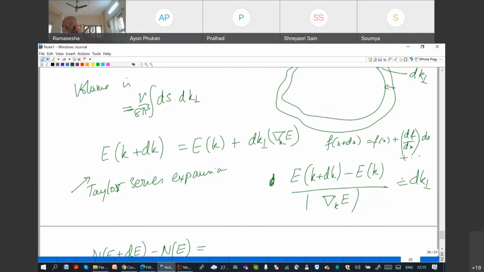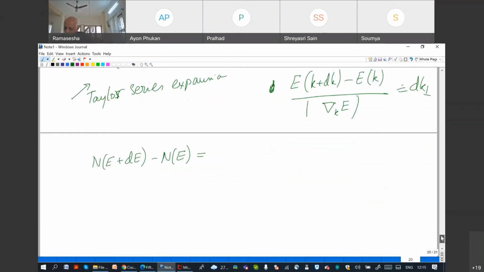So instead of df by dx, I have grad kE, which is in the perpendicular direction. So the expansion is around dk perpendicular. Sir, why did you neglect the other terms? Because I'm taking dk very small, or dE is small. So dk squared can be neglected. That's a usual thing in differential calculus.